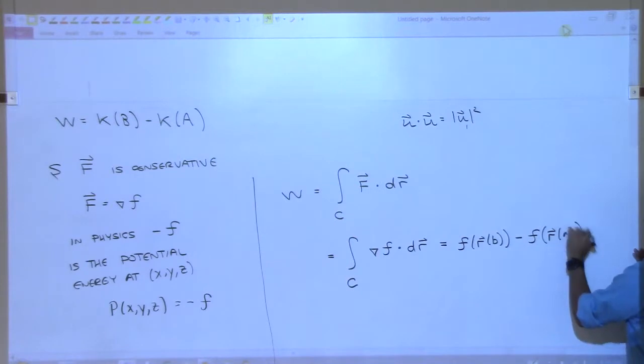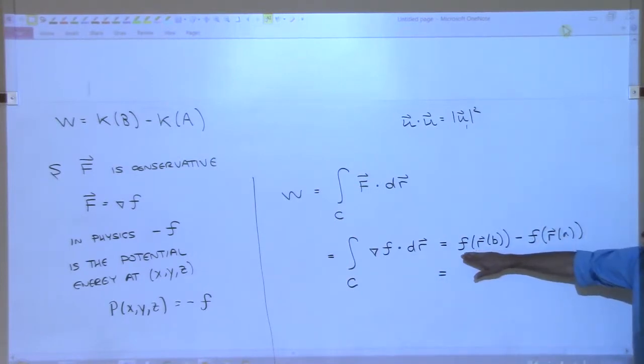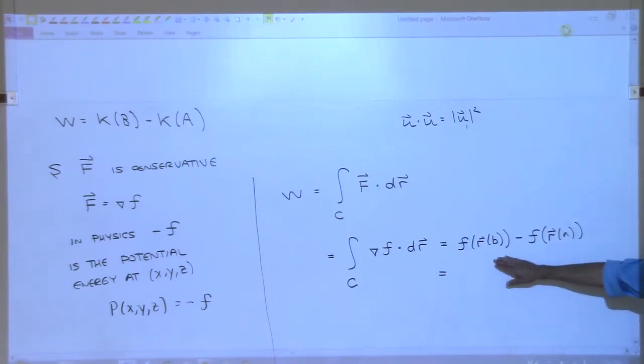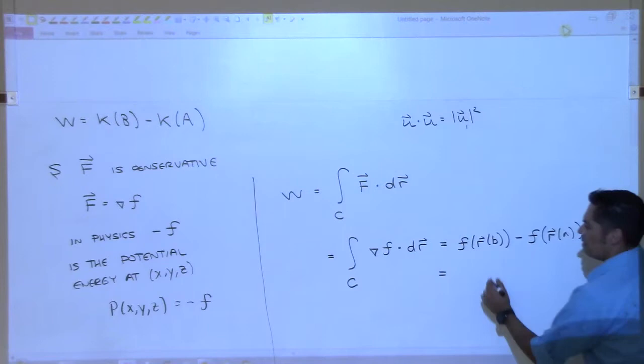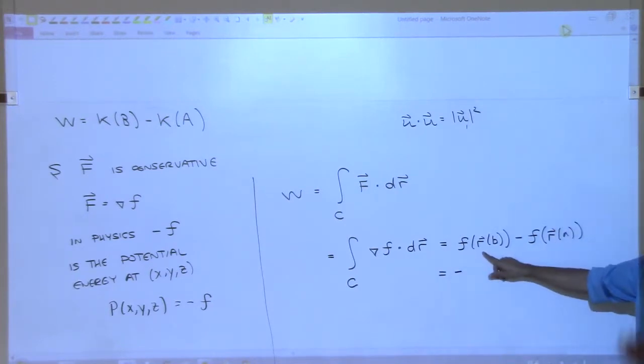Which for us, if f is the potential, isn't f the potential? Then we have, hold on, let me make sure it's going to work. This should be negative what? In terms of potential energy, what is this?